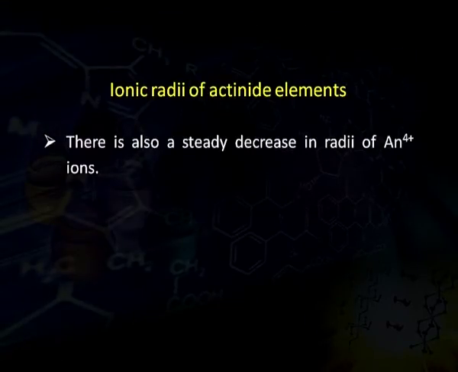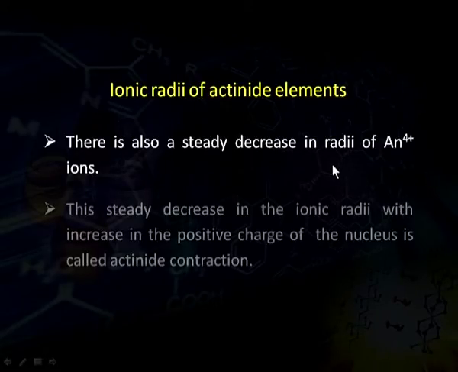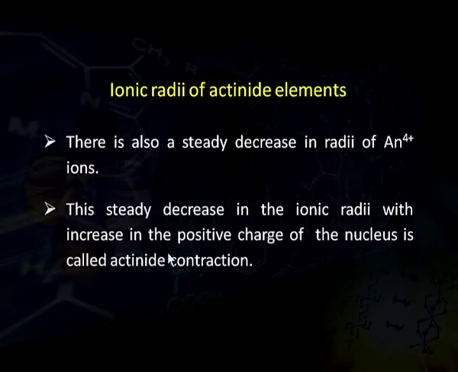A similar steady decrease in the ionic radii of actinides in the +4 oxidation state has also been found. This steady decrease in ionic radii with increase in positive charge of the nucleus is called actinide contraction. This is the same as what was discussed previously for the lanthanides, the lanthanide contraction.